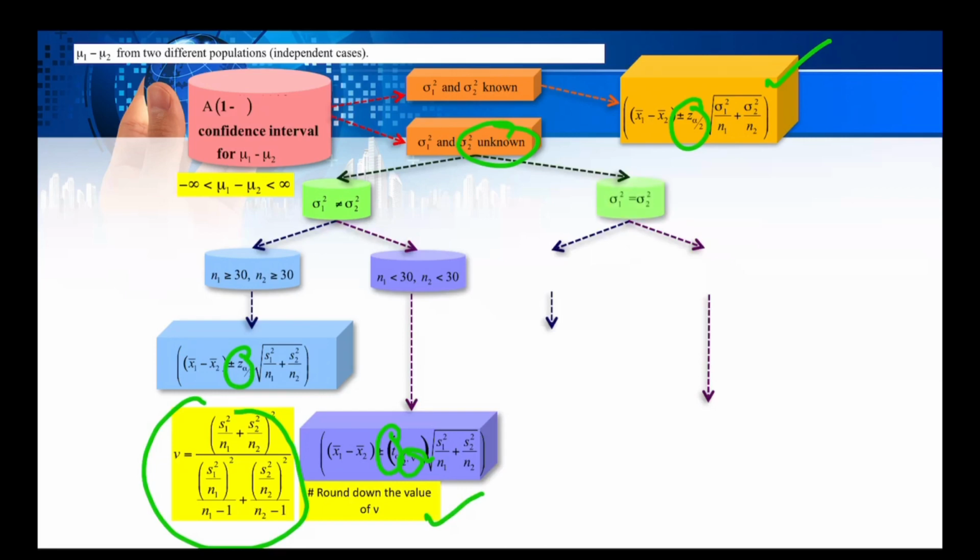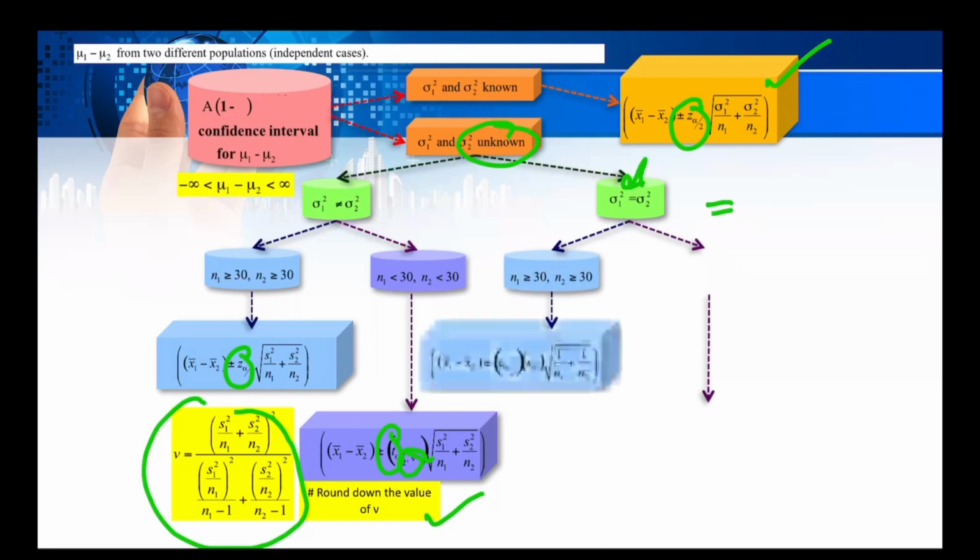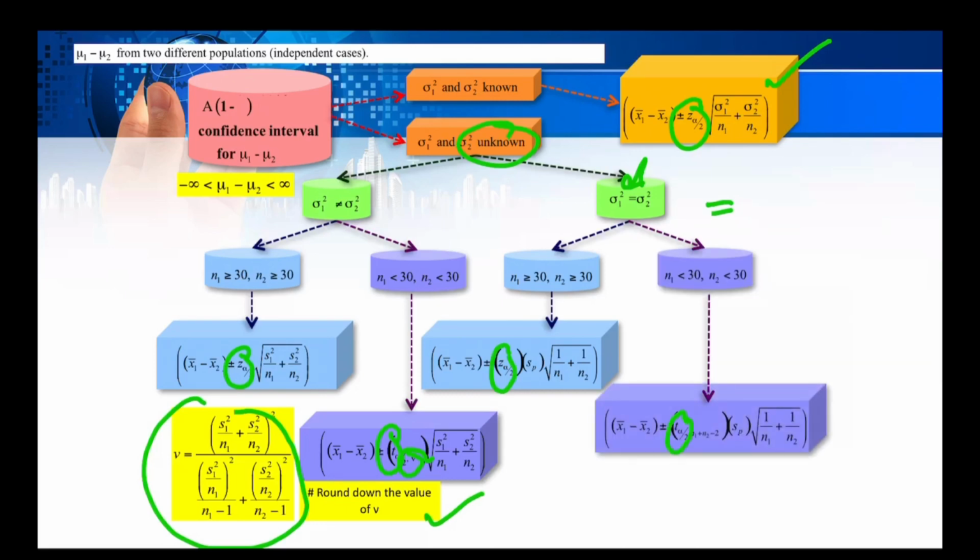Next, if in the question they said that both population variances are similar, look at the sample size. If the sample size is greater than or equal to 30, use the fourth formula, Z test. And if the sample size is less than 30, use the fifth formula, T test.